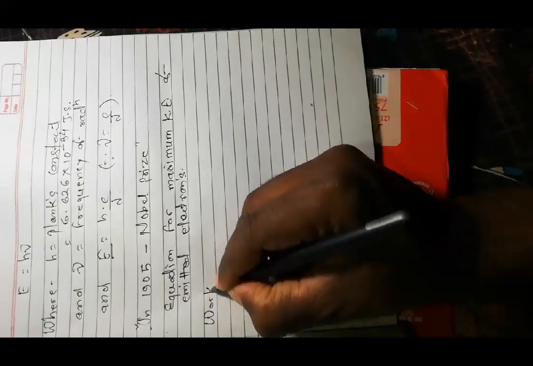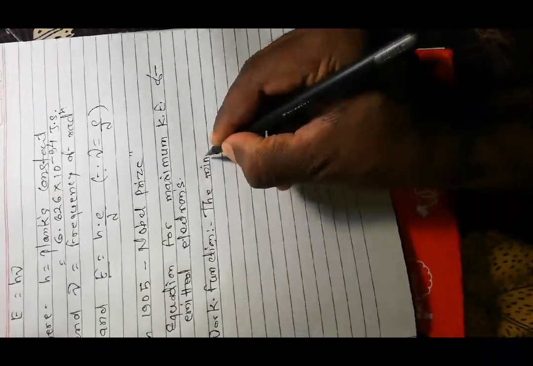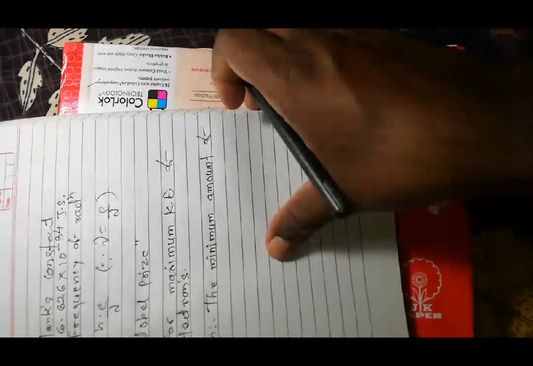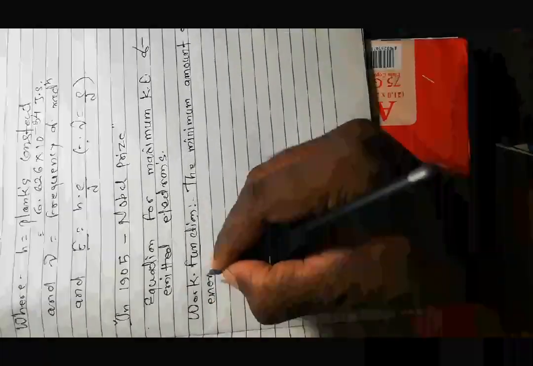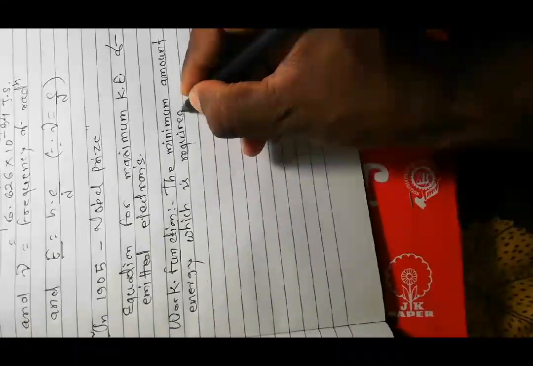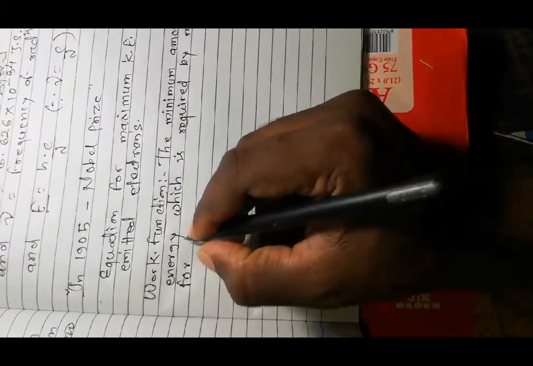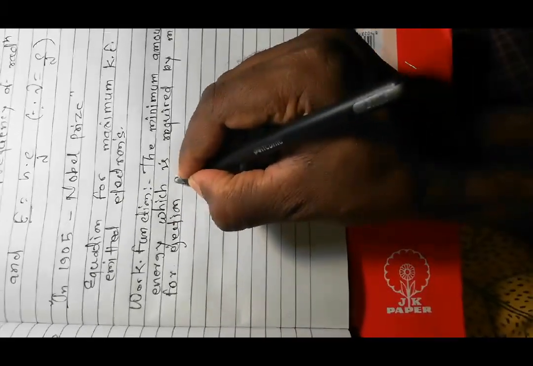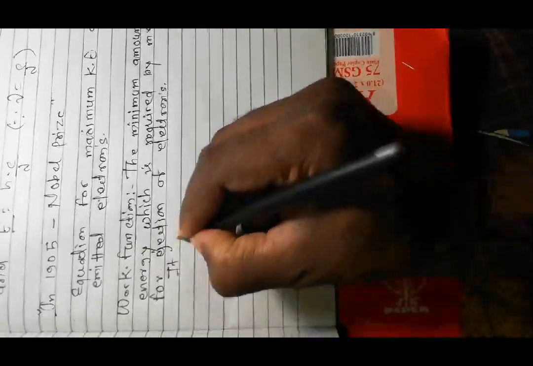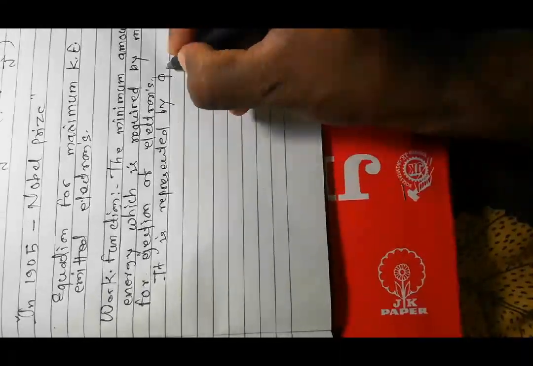Work function is the minimum amount of energy required by the metal for ejection of electrons, and it is represented by phi.